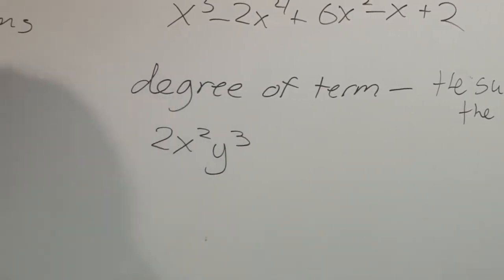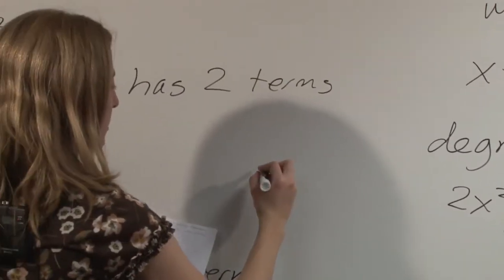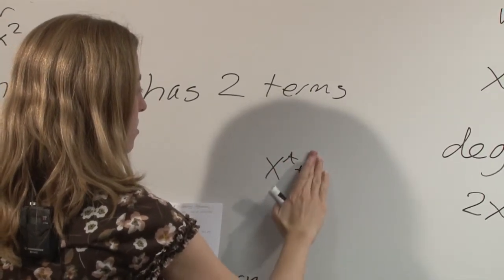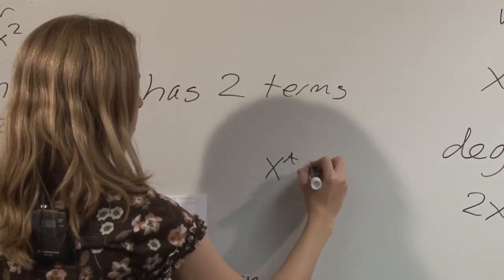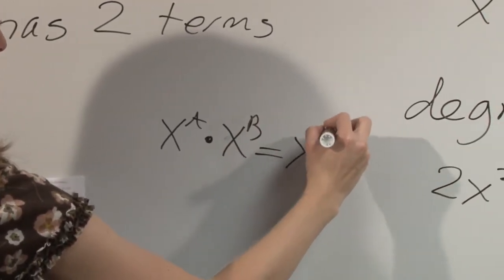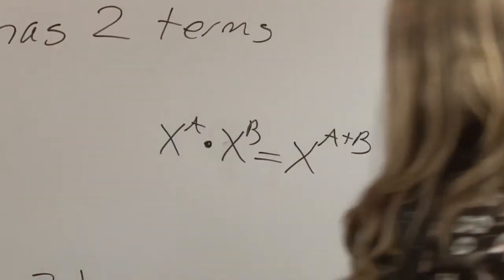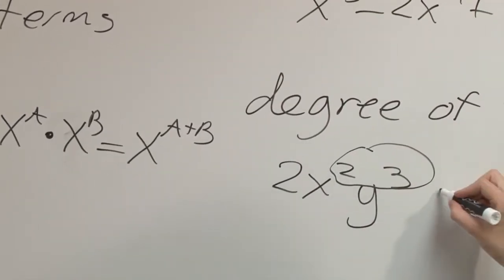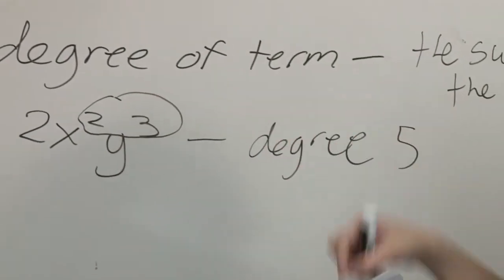So if you remember from 5.1, there is a product rule of exponents that says if you have a number to a power times that number to another power, the product is going to be the same number raised to the sum of the powers. So that's kind of the same idea here. We're looking at the sum of the powers here. So we would say this has degree 5, adding together the 2 and 3.